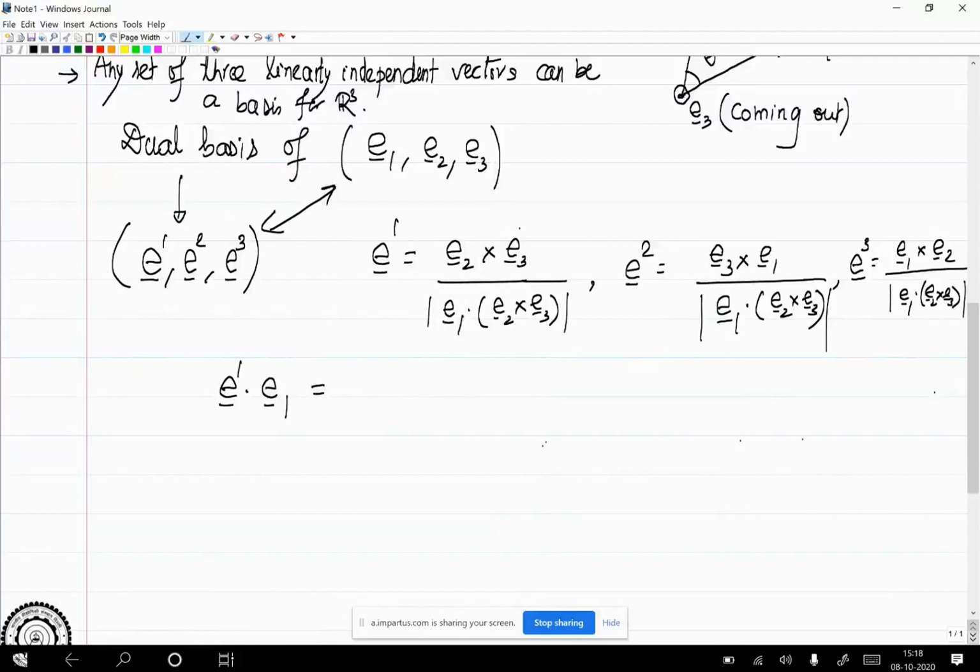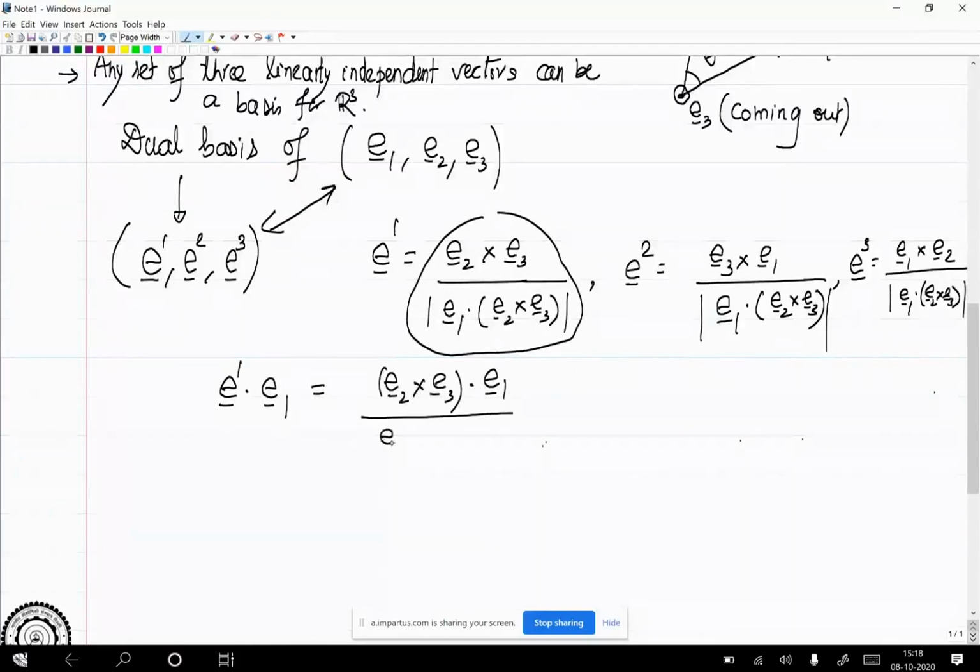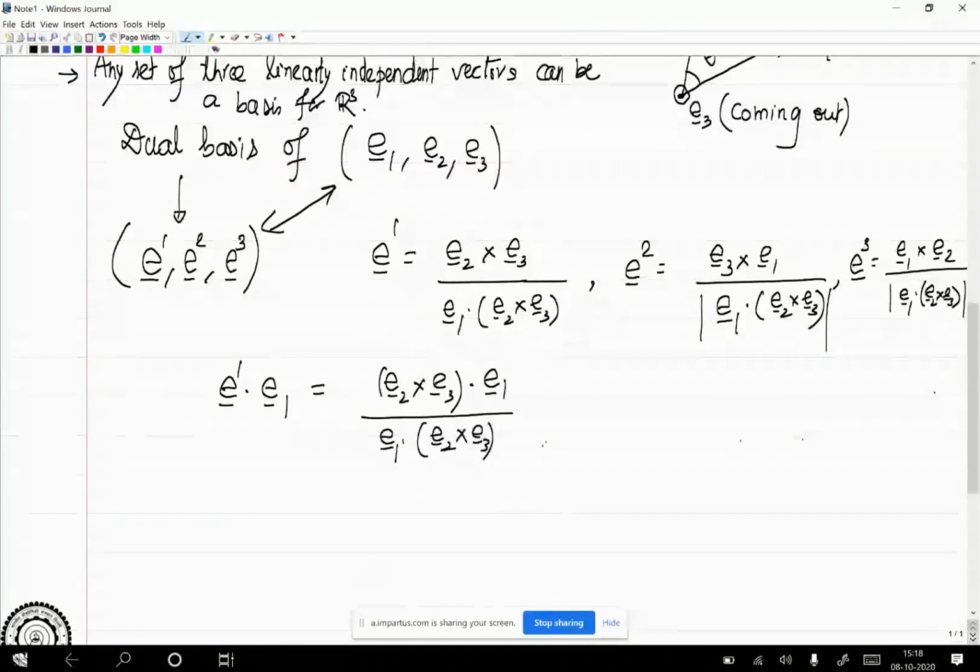So E super 1 is this number over here, and I have to dot it with E1. So I get E2 cross E3 dot with E1 divided by E1 dot E2 cross E3. Okay, by the way, there is no magnitude sign in the denominator, so I have to remove this magnitude sign. I'm sorry.